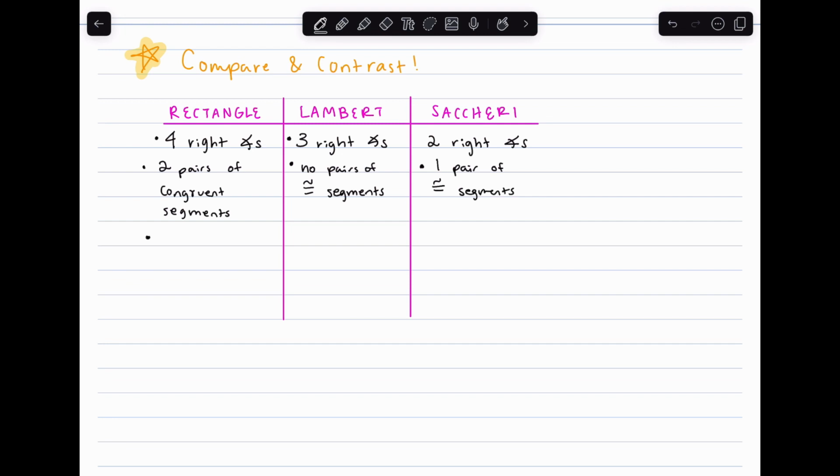Now looking at parallel segments. For rectangles, there are 2 pairs of parallel segments. For Lambert quadrilaterals, there are again no pairs of parallel segments. And lastly, for Saccheri, there is 1 pair of parallel segments.